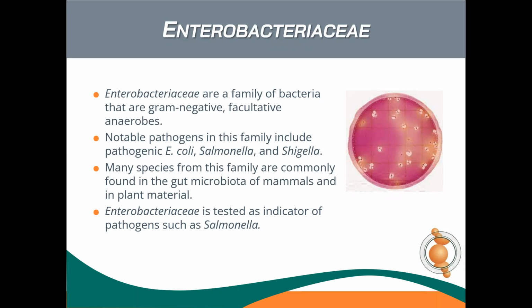So if you are processing any sort of mammal or any sort of plant material, that is definitely a great time to test for Enterobacteriaceae. Enterobacteriaceae is tested as an indicator of pathogens such as Salmonella. So it can help you to realize that there's a problem before you have a problem, like what we mentioned earlier.